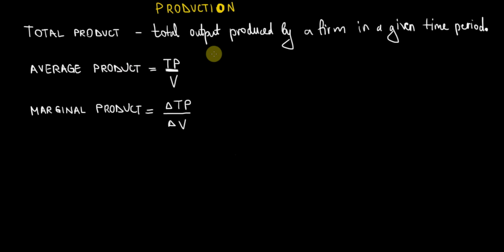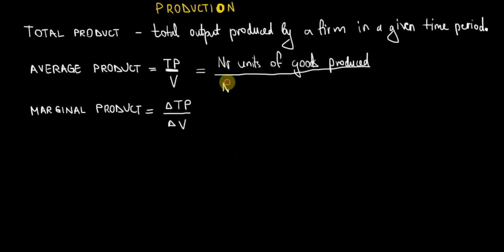So with that being said, if we have a look at the average product, the average product is going to be the total output created by a firm divided by the number of units of the variable factor employed. So mathematically, we are going to have the number of units of goods produced, whether that's apples or bananas or anything in between, divided by the number of the units of the variable factor employed.